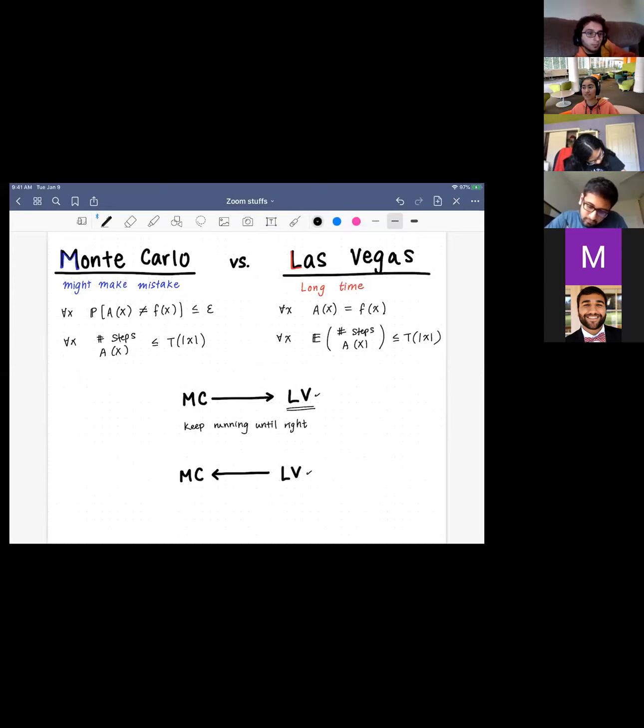How about the other way around? Right now we have an algorithm that definitely returns the right answer, and now we want to turn it into an algorithm that could be wrong, but its runtime is bounded.